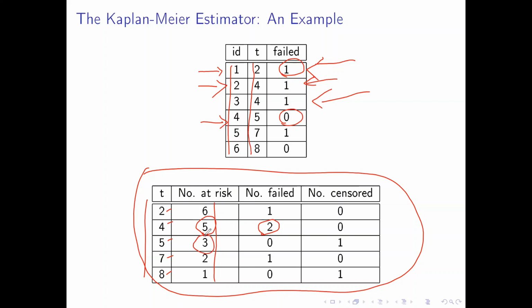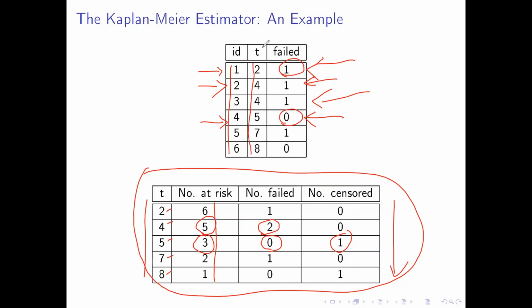Only 3, because 3 already failed: 1 failed at day 2 and 2 failed at day 4. And how many failed? Actually no one failed, but we do have one case that got censored, and so on.